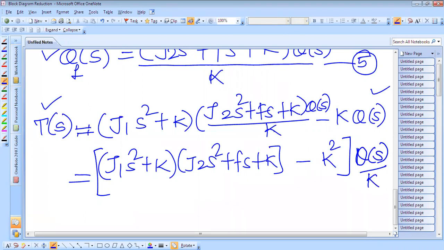We have taken this theta of S by K outside.